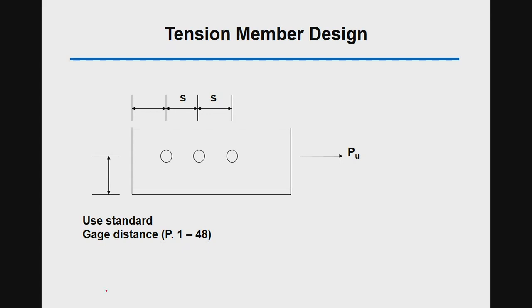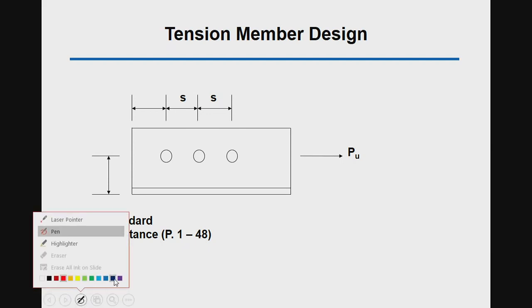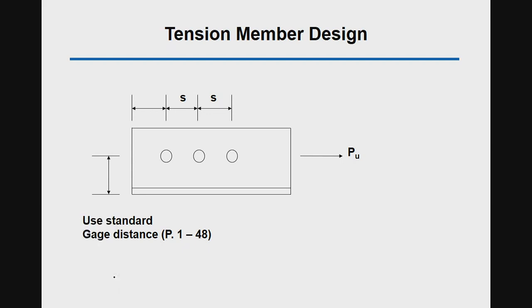We can either choose a single angle member to make this connection, for example, this is the gusset plate, and we bolt a single angle member on the gusset plate.